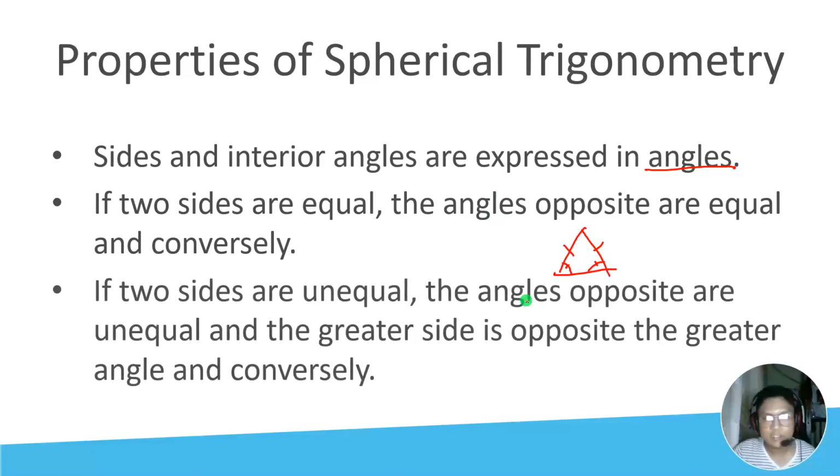If two sides are unequal, the angles opposite are unequal, and the greater side is opposite the greater angle, and conversely. So, same principle then as in plane trigonometry. If one angle is greater than the other, or if one side is greater than the other, the angle opposite to that side is greater than the other. So, it is the same in a spherical triangle.